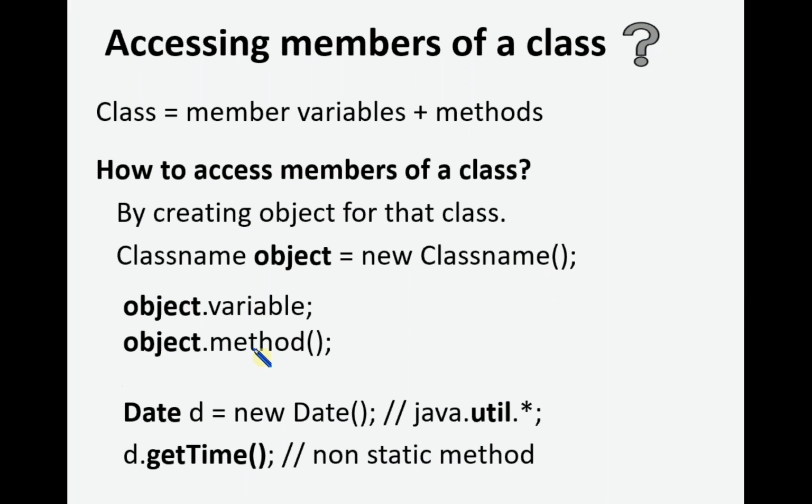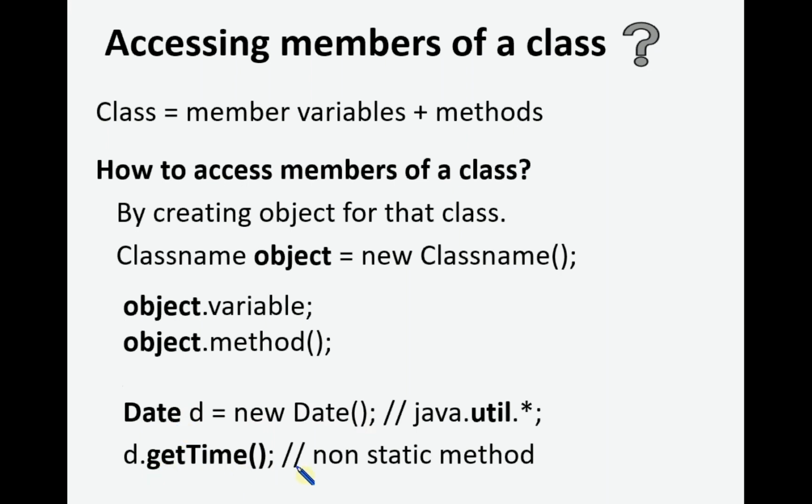See an example. In this util package, there is a class namely Date. Date is the class name, d is the object, equal to new Date. What is this Date here? Yes, it is a default constructor. Now with the help of this object d, we are going to invoke the method getTime.